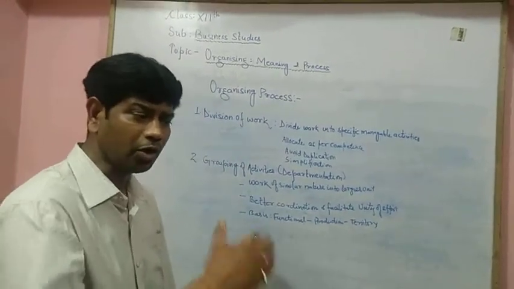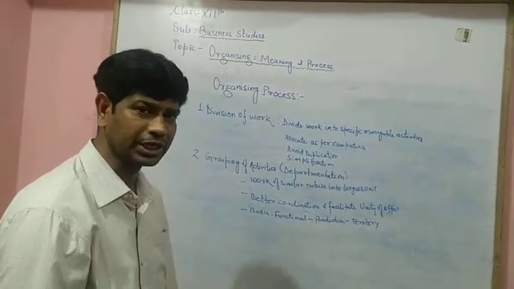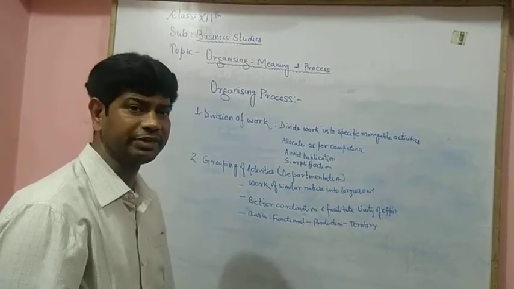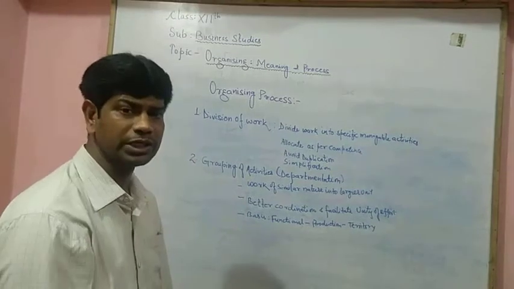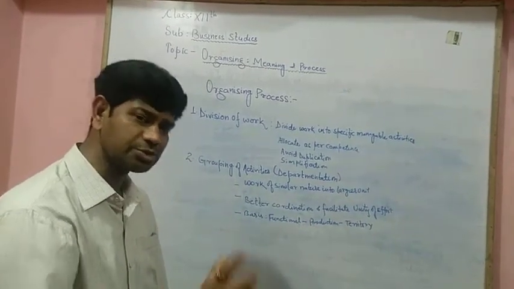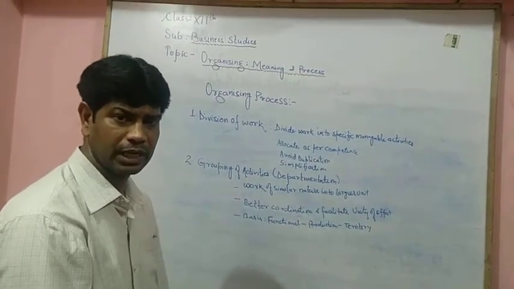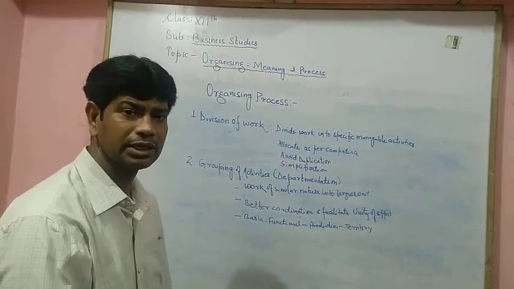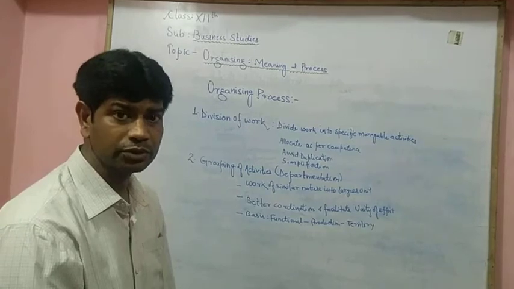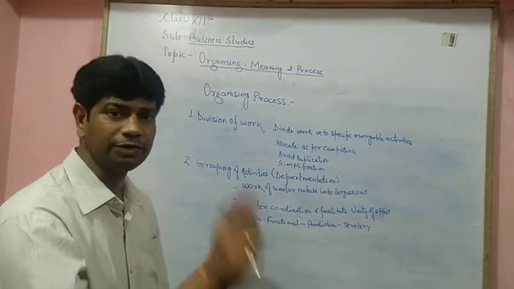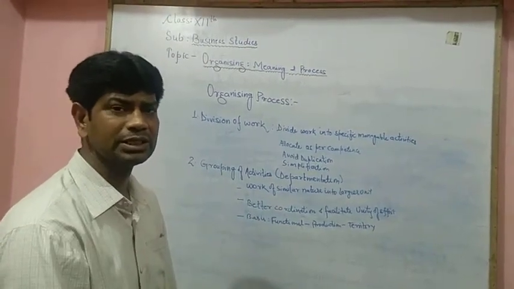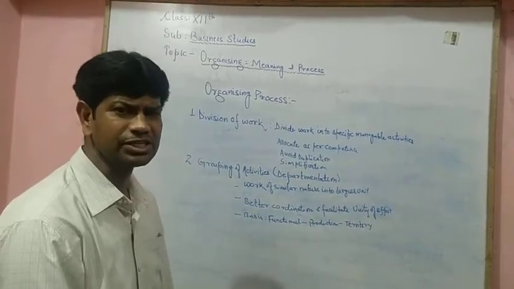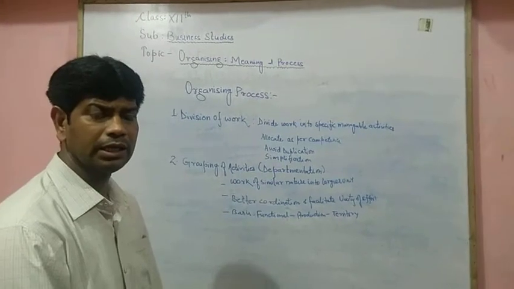It is not that all the groups will perform the same function, but rather through their work, through their activities, they would contribute towards the objective that has been planned. So this division of work leads to simplification of the work. The work gets simplified into small activities.